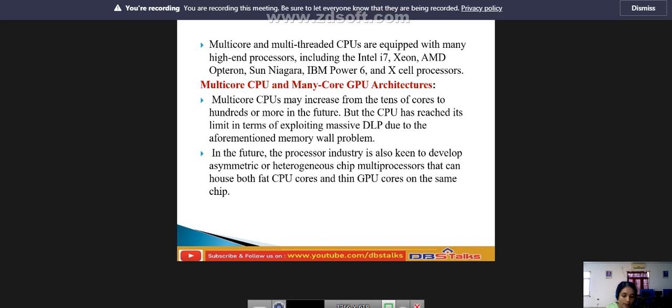So this GPU has been applied. We have two types, CPU and GPU. GPU is a graphical processing unit. GPUs have been applied in large data center clusters built with supercomputers in MPPs. MPP means massively parallel processors.